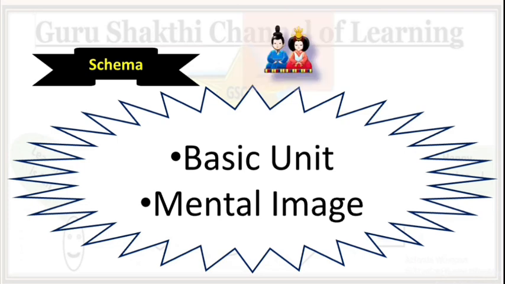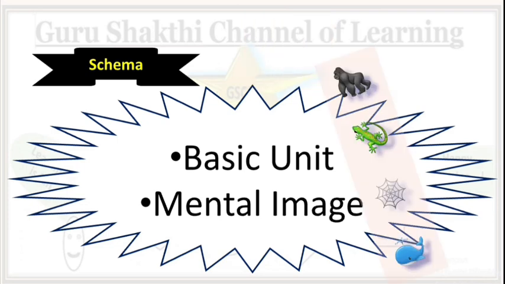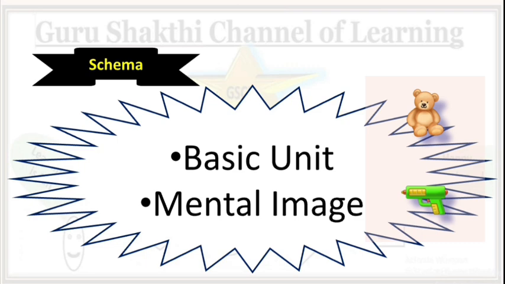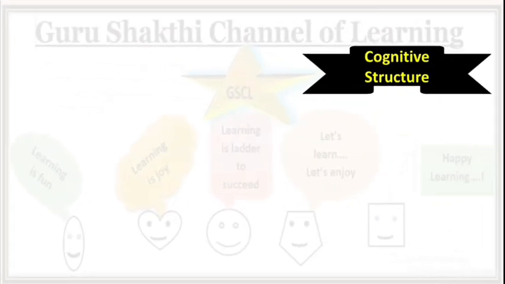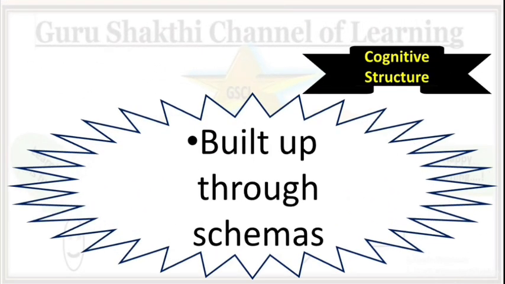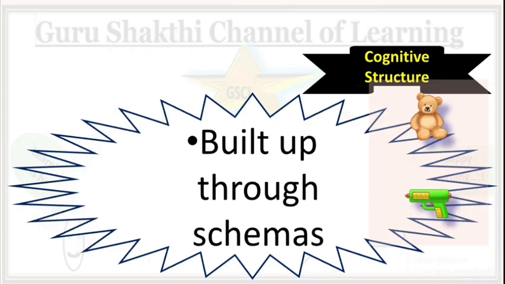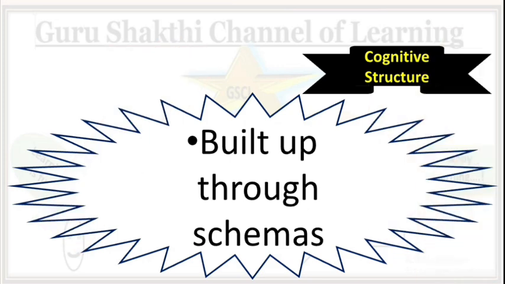It could be of people, animals, toys, vehicles, etc. All the different schemas categorized under different names such as people, animals, toys, vehicles, etc. form the cognitive structure of the child.